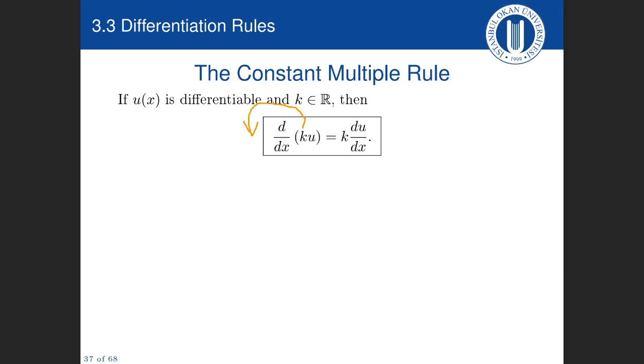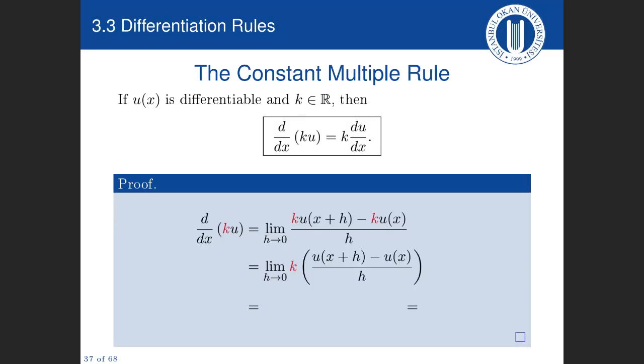This one I do want to prove. And I'm going to prove it using the definition of derivative. The derivative of ku, that means the limit as h tends to 0 of ku at x plus h minus ku at x divided by h. Factor out the k, and then we're going to use the constant multiple rule for limits, which says anytime we have a constant, we can take it outside of a limit.